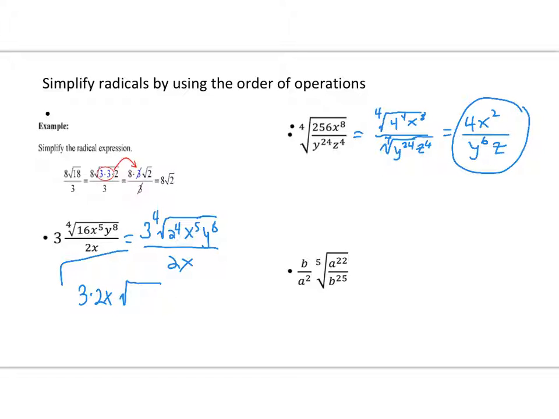Oh, and I also have a y squared here. So I'm left with an x here, and then I have a 2x on the bottom. The 2x's cancel, and I'm just left with 3y squared square root of x, and that's it.